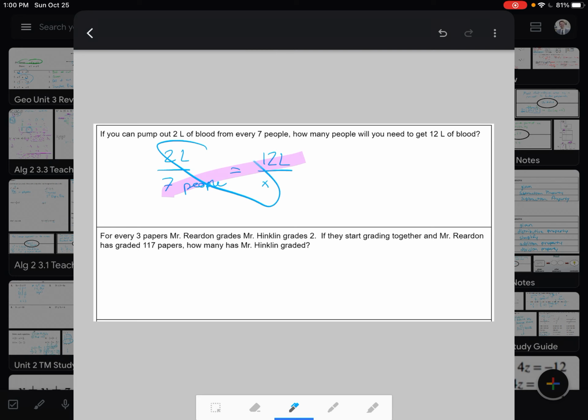Let's check, using our proportional reasoning with cross multiplication. We have 2 times X equals 12 times 7, or 2X equals 84. Divide both of these by 2, and we'll get X equals 42. I made a mistake there: 84 divided by 2 is 42. Apologies for that, thinking too quickly. Let's check that for reasonableness.